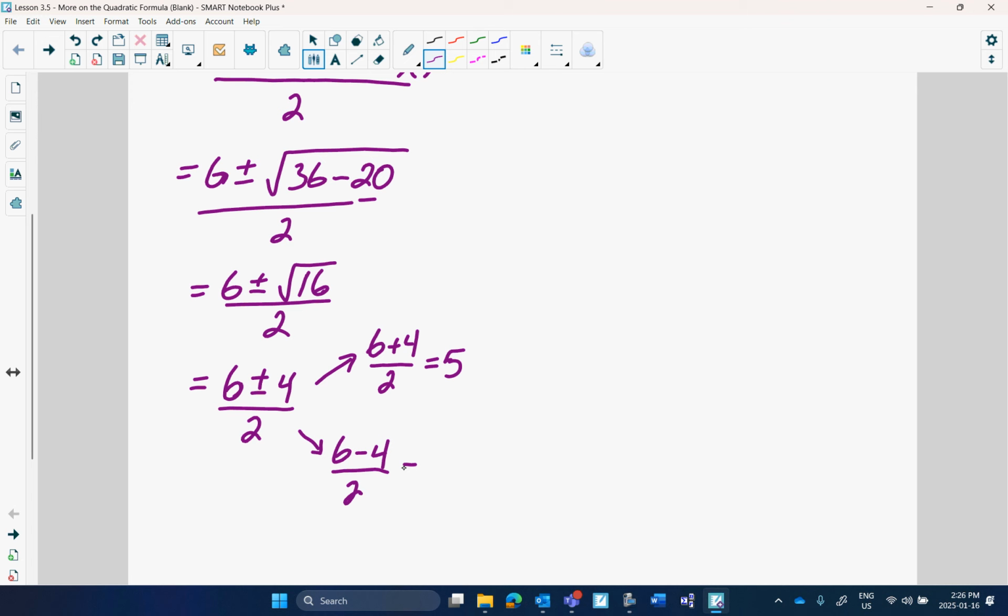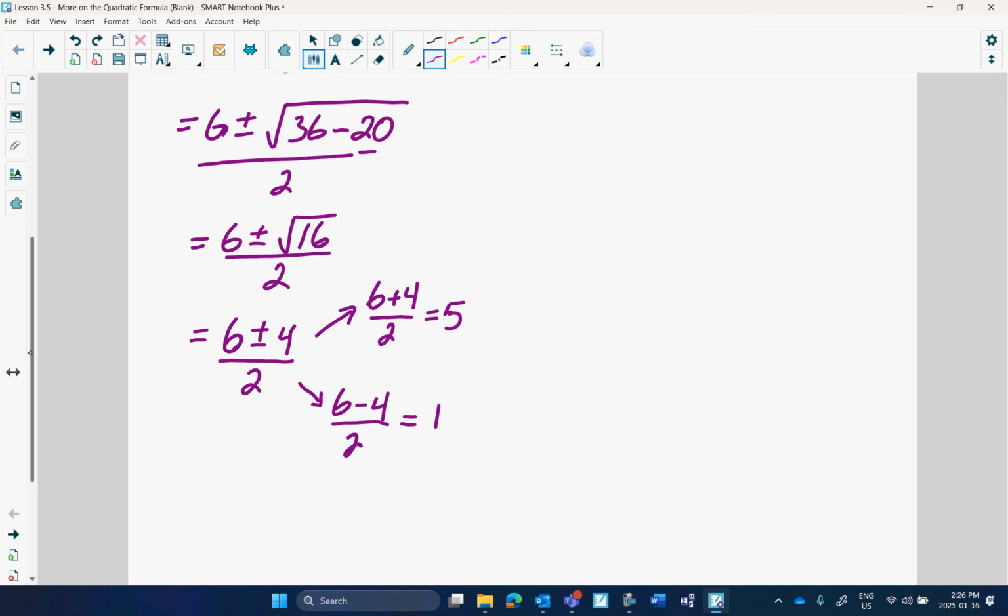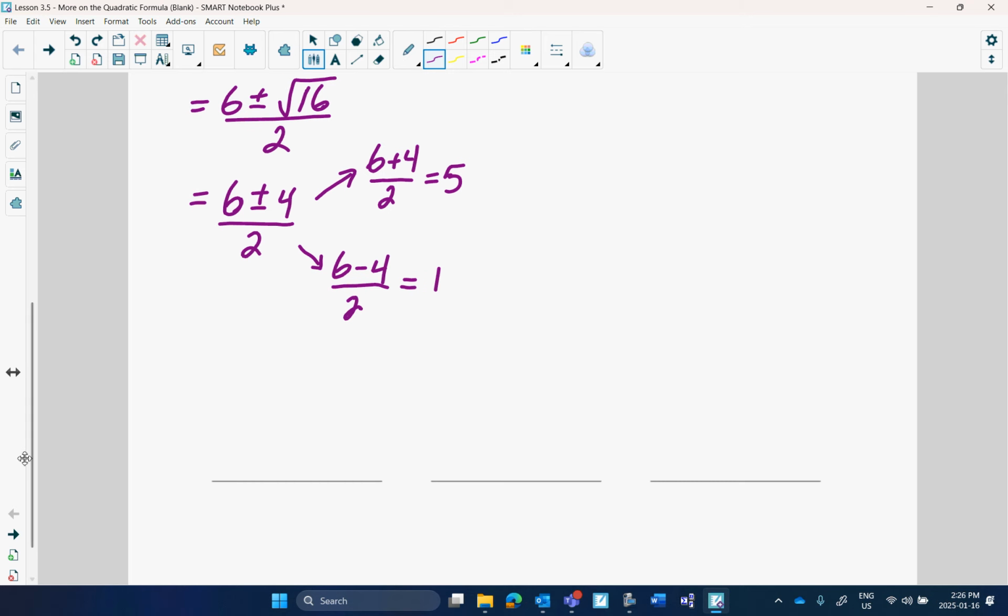That's going to give you an answer of 2 divided by 2, which is 1. So you have to keep going. So we see the solutions are 5 and 1, which means there are 2 roots.